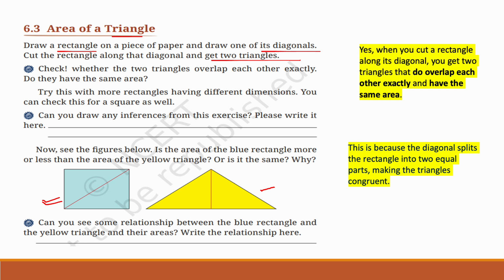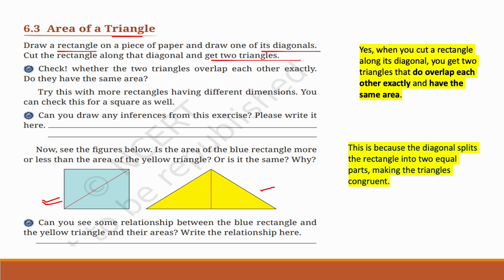This is because the diagonal splits the rectangle into two equal parts, making the triangles congruent. When you cut the rectangle along its diagonal, you will get two equal parts, so the triangles will be congruent. Congruent means having the same shape and size.